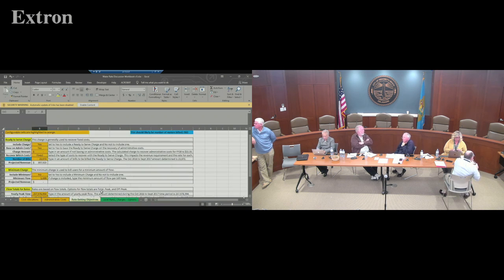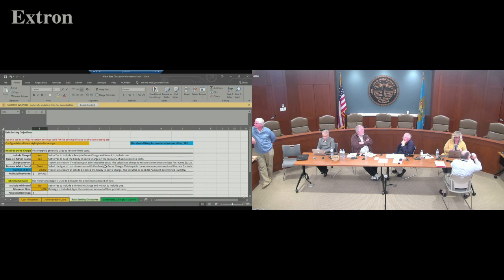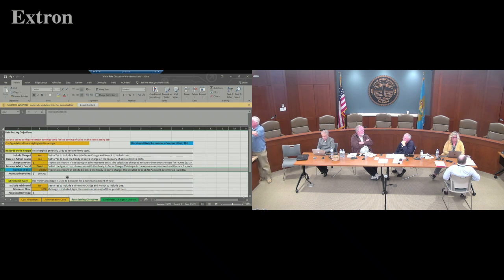The rate setting objectives tab, here's what I did here. So we started talking recently about the number of bills and validating a number, making sure that that number made sense. Instead of just carrying a number in the analysis, I've made it a configurable amount. And I mentioned this earlier on the call.